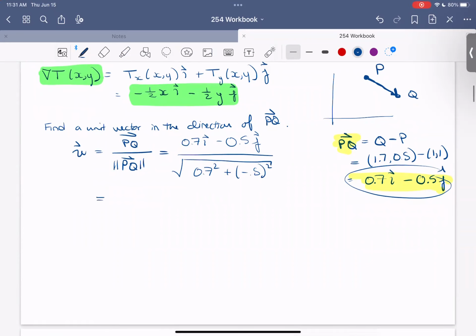If we compute that out, we're going to get a number for that denominator, and we're going to divide each component by that denominator. That becomes, and you can check my work, 0.81 i minus 0.58 j. All right, so there's our unit vector.